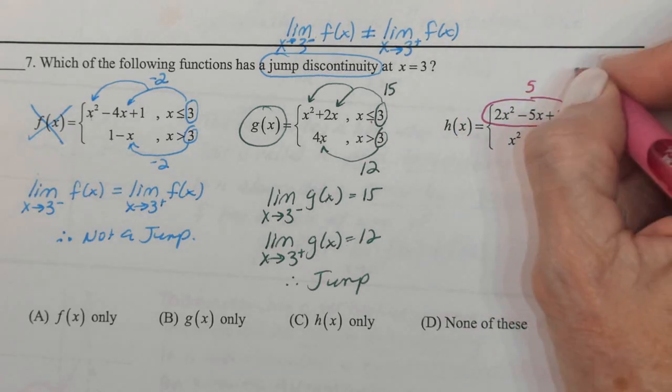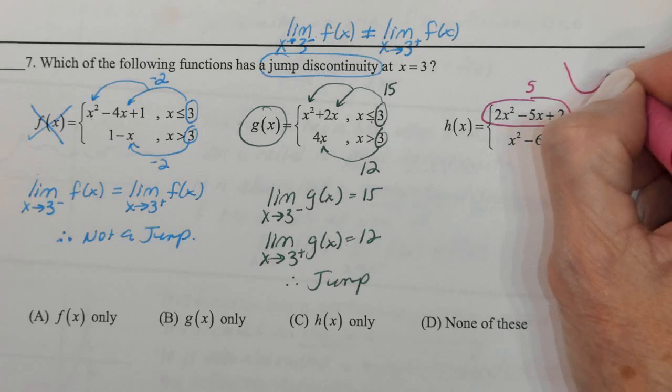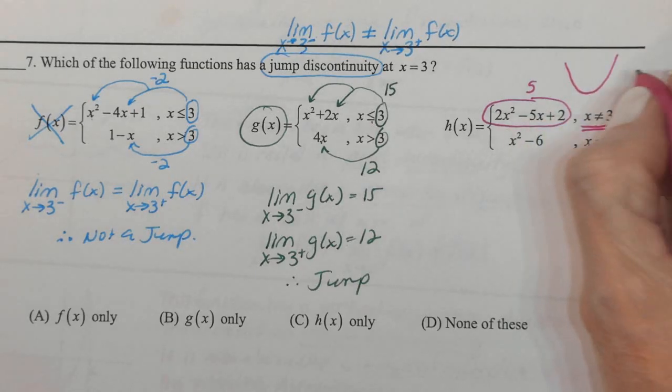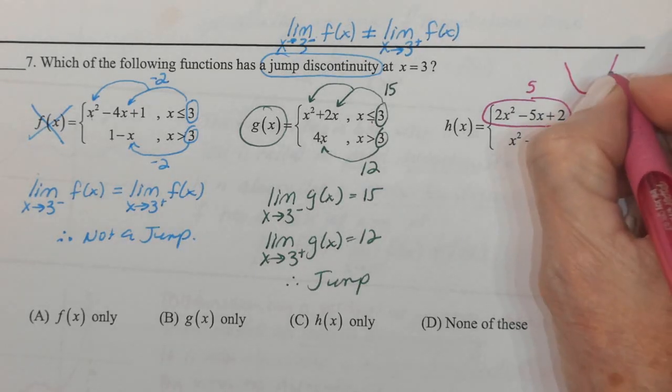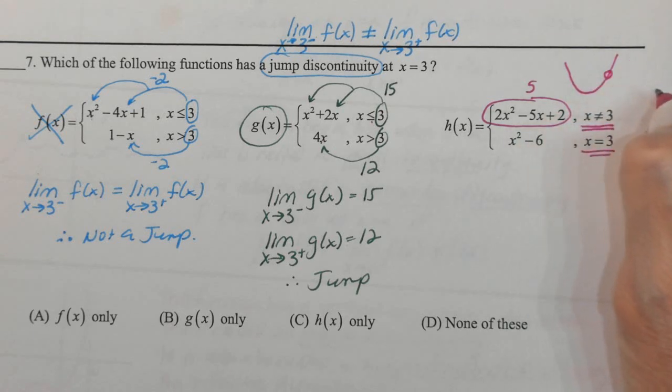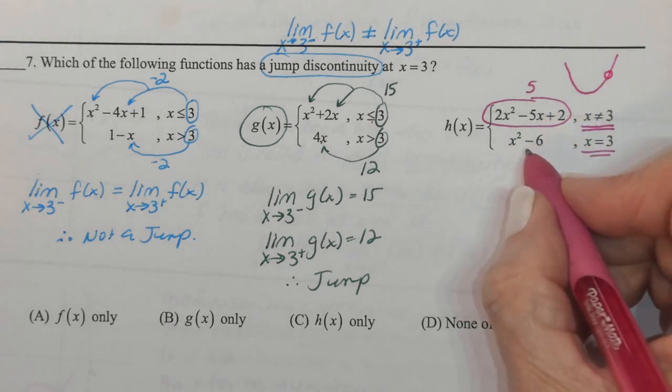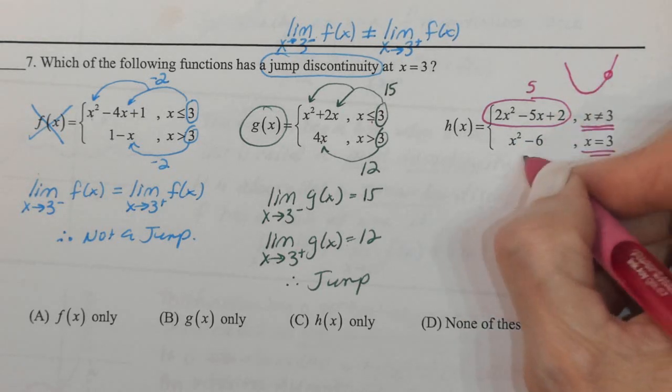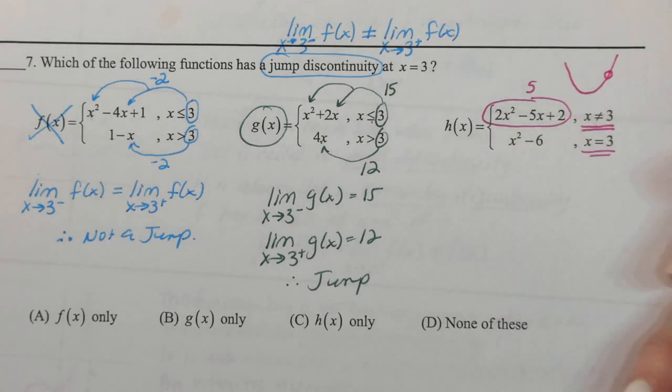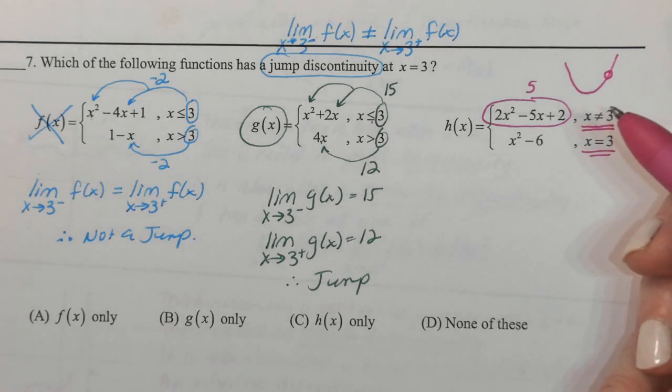So this is a parabola, except, and I don't know what this looks like, at the point (3, 5) there's a hole, right? This might fill the hole, but is it possible that this is a jump? Absolutely not.